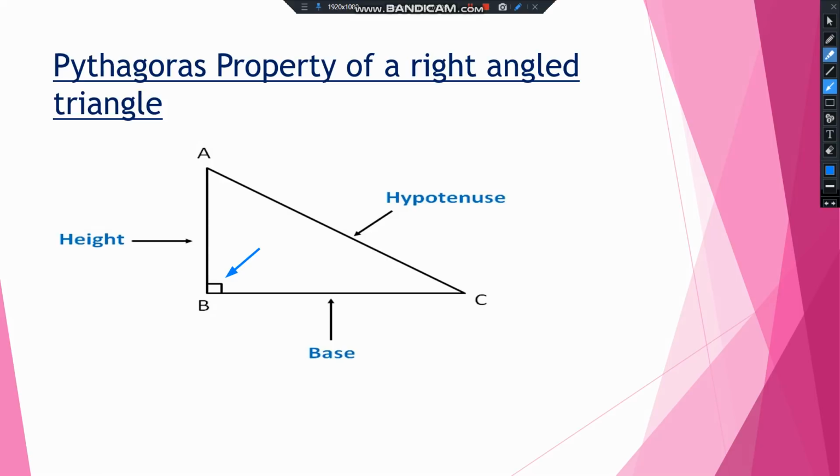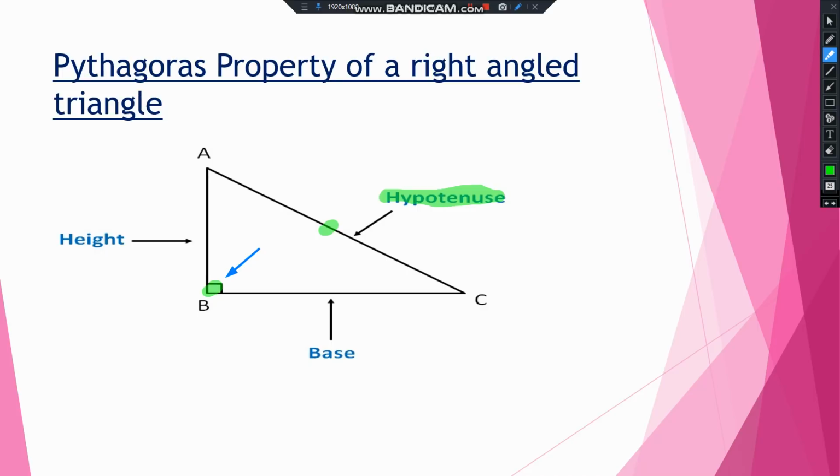And then you have the side opposite to this right angle. So this is a right angle, and the side opposite to this angle is this highlighted here, and this side is called hypotenuse, right? So the side opposite to right angle is called hypotenuse.